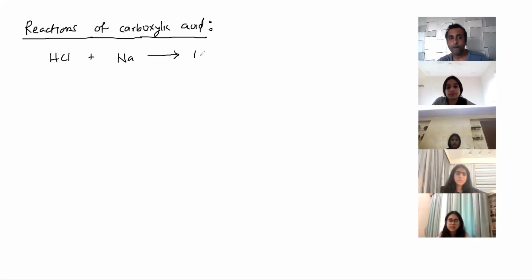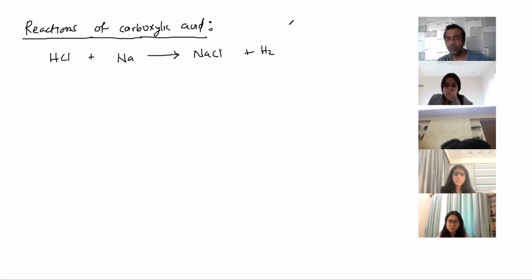NaCl plus hydrogen, because metal plus acid will give you salt. Now we'll understand how this reaction takes place here. That will help us to know how the reaction takes place in the carboxylic acid.